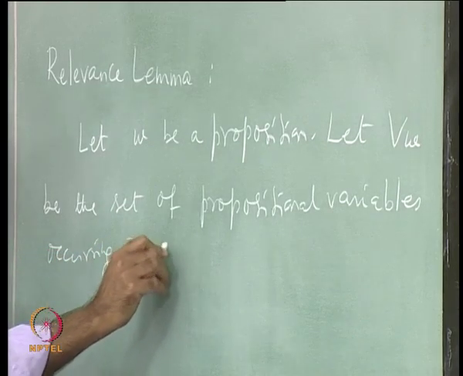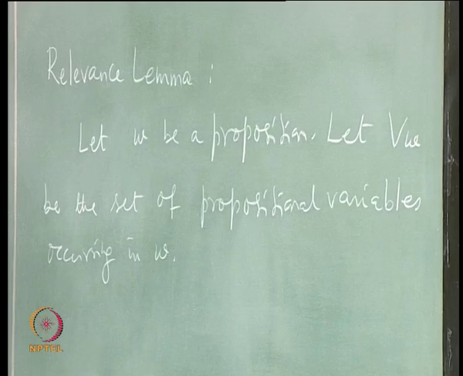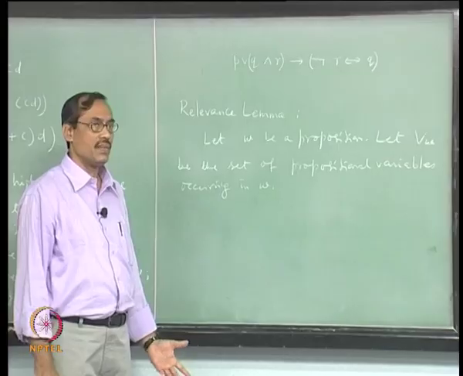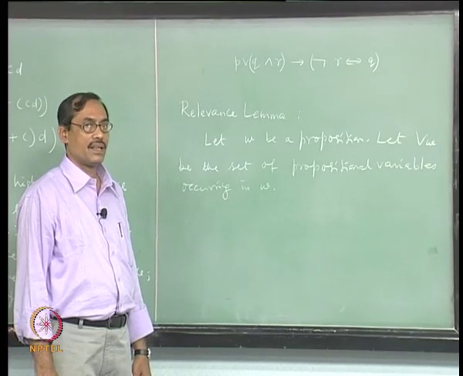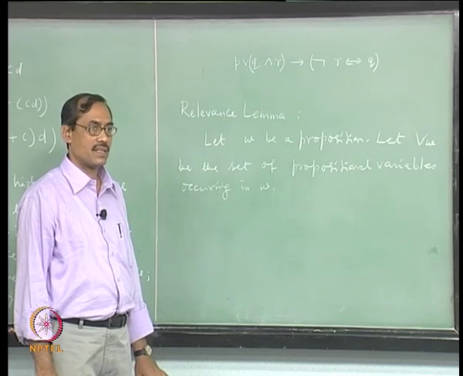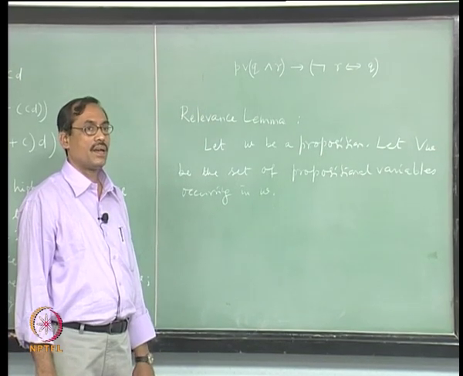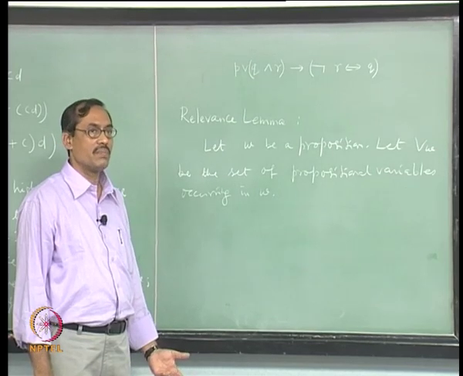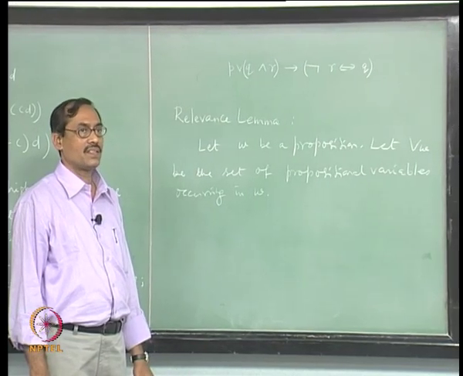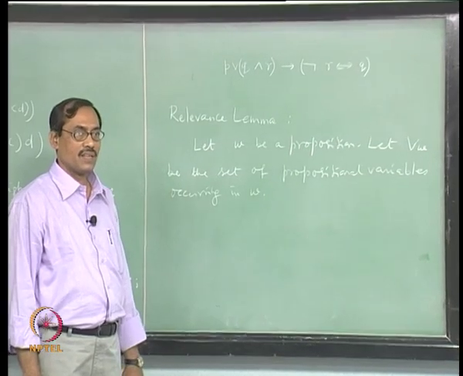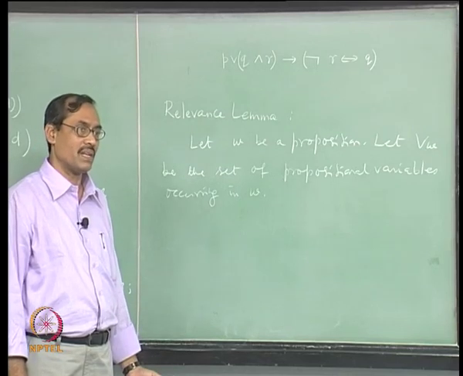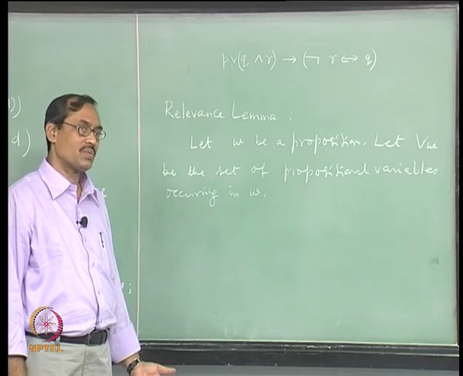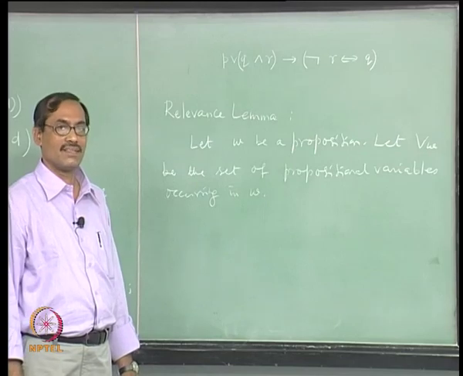So, what we want is, if some propositional variable does not occur in VW, is not a member of VW, then I of that propositional variable and j of that propositional variable, even if they differ, I and j should give the same value to W, right. Put the other way, if I and j both agree for all the propositional variables in VW, then they should agree on the whole of W, right.